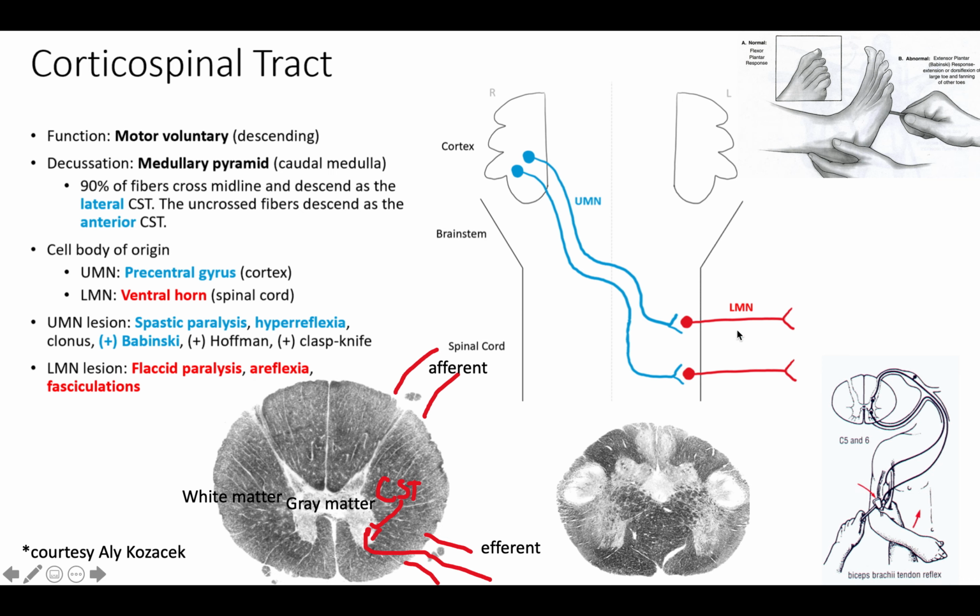Well, if you had a lower motor neuron injury, the lower motor neuron only goes from here, from the ventral horn out to the muscle itself. So if you were to damage that, or more specifically, if you look here to the right, if you were to damage any part here for this lower motor neuron, it doesn't matter how much stimulation the upper motor neuron sends it, the signal's not going to get there.